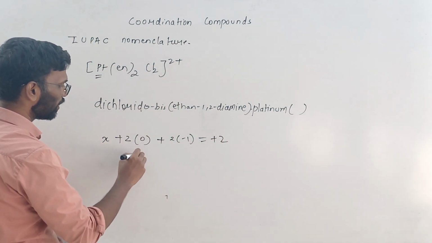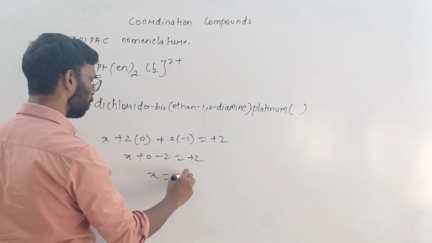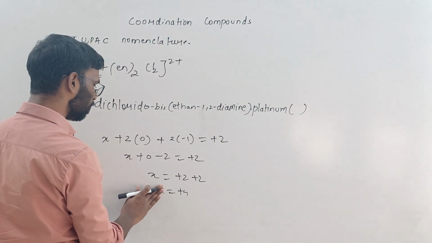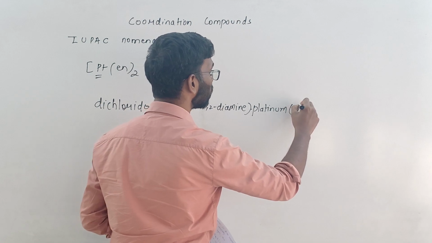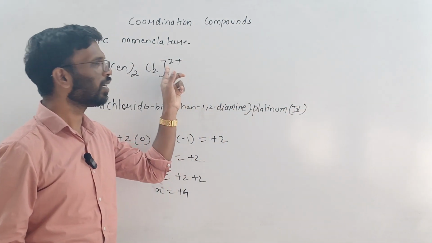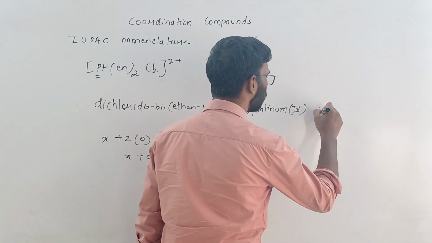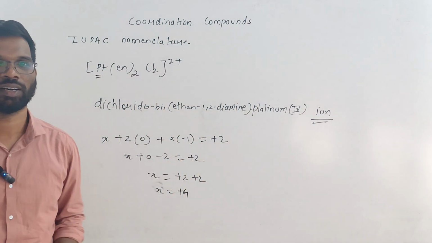So X plus 0 minus 2 is equal to +2, X is equal to +2 and +2, X is equal to +4. So this is +4. Now, when the counter ion is not given, you just write ion. So this is how you do the nomenclature.